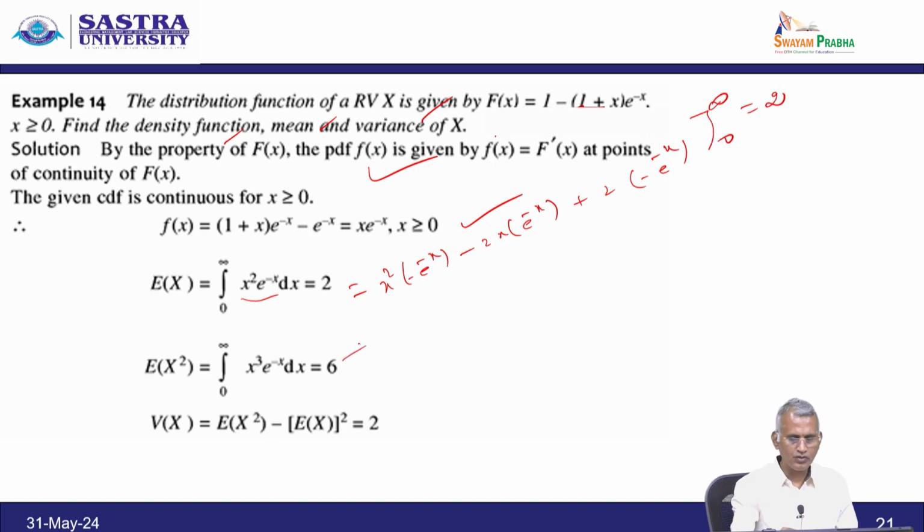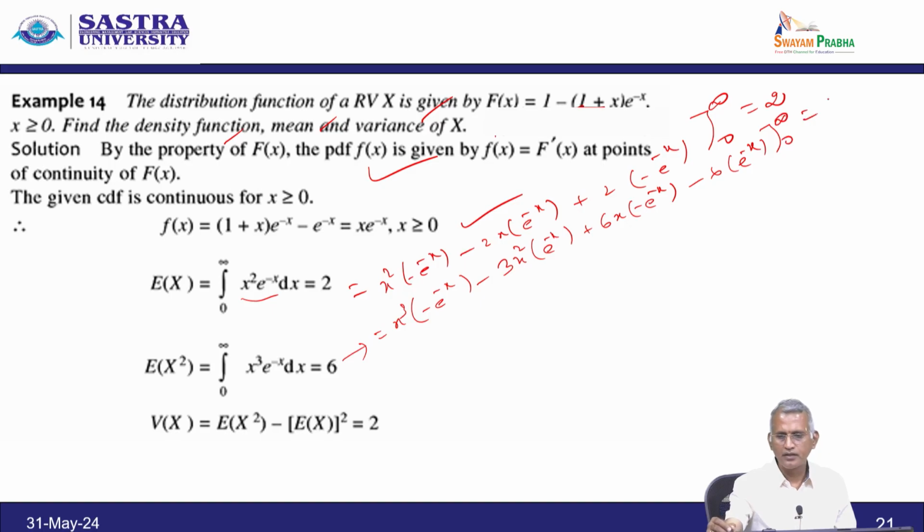If you take x cube, then it becomes x cube into minus e power minus x, minus 3 into x square into e power minus x, and the next one is plus 6x into minus e power minus x, and the next one is minus 6 into e power minus x, over 0 to infinity, and the value 6 will come.